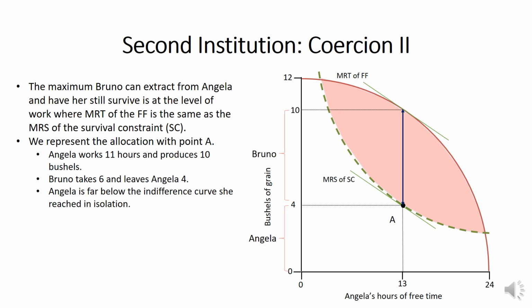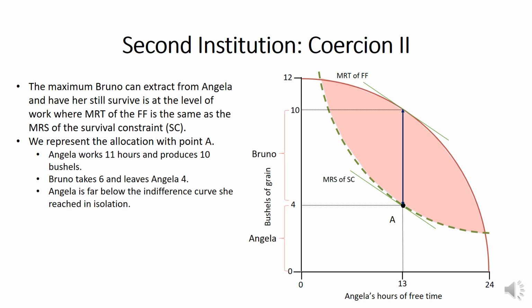We represent this allocation with point A, and as I mentioned on the previous slide, A says that Angela gets 4 bushels of grain, and because she's working for 11 hours and producing 10, that means that Bruno gets the remaining 6 bushels.